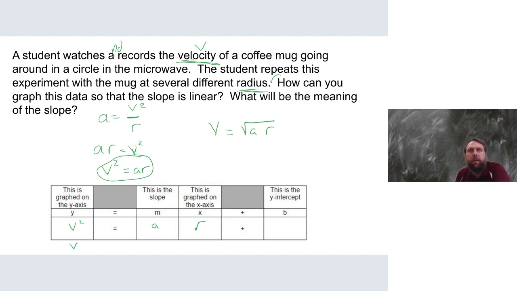If on my y-axis I graph v, and on my x-axis I graph the square root of r, it leaves my slope as the square root of a.